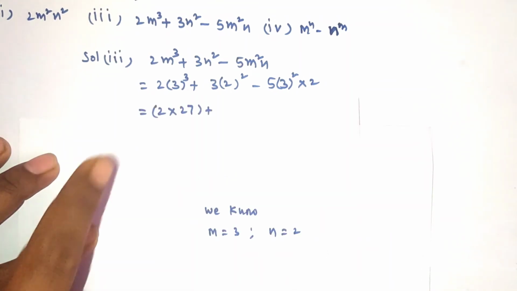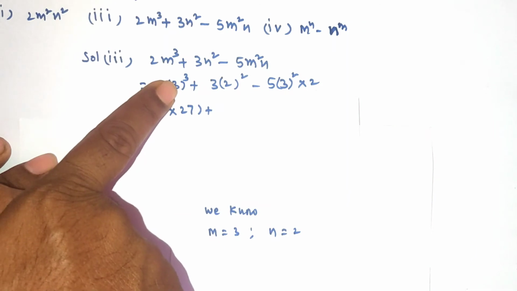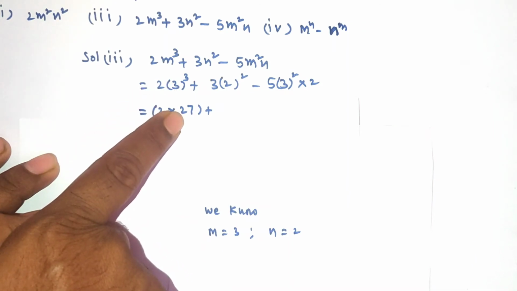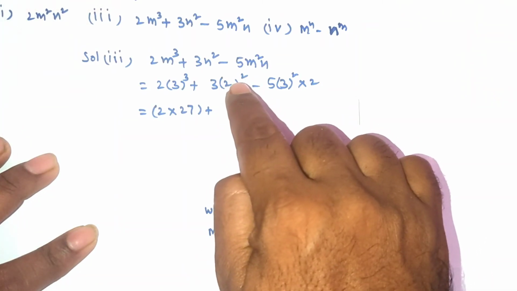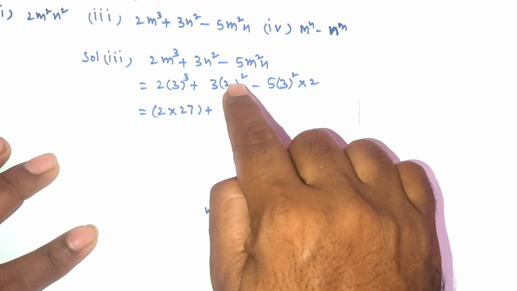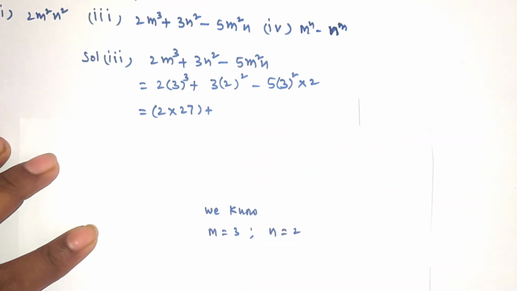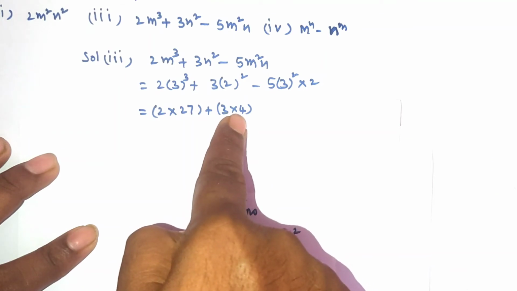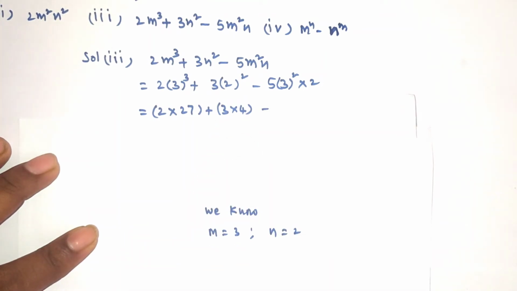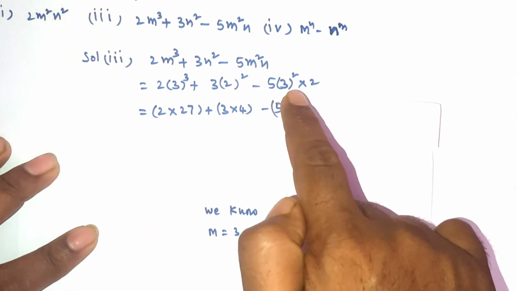Here 3 cube is equal to 27. So we have written 27 here. Likewise 2 square is equal to 4. So we have to write 4 here. So we have written 3 into 4. Here 3 square is equal to 9.